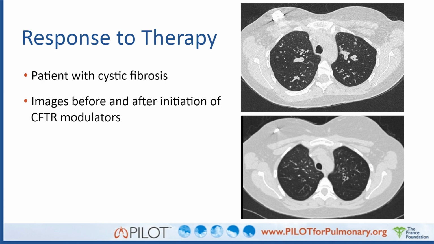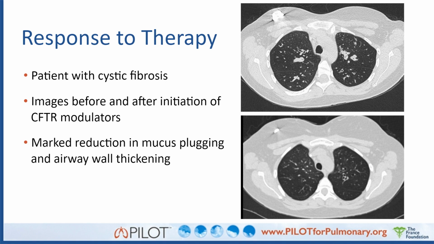These are novel therapies that have been out now for a few years that have essentially changed life for most of these patients with cystic fibrosis. And I think what you can appreciate here is a marked reduction in the mucus plugging and the airway wall thickening. There's still bronchiectasis, but the airways themselves look markedly improved. And this went along with the improvement in symptoms described by the patient.